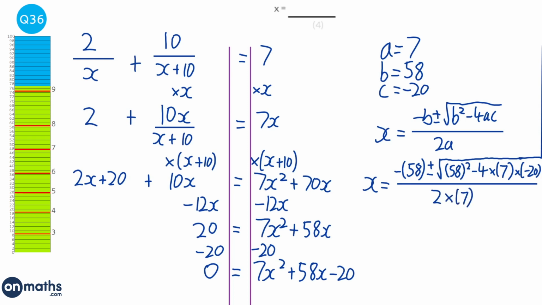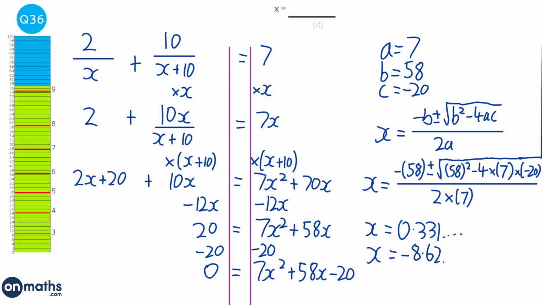Okay, so we type that into our calculator with a plus, first of all. So you get your calculator out, type all that out, and you should get 0.331, etc. And then on your calculator, you go back to that plus and change it to a minus, and you should get minus 8.62.